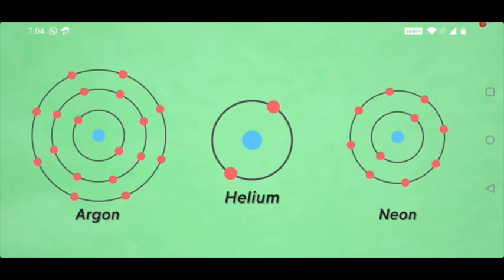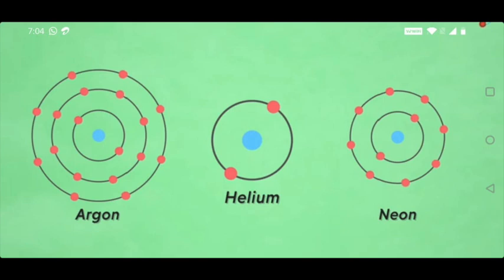It has 2 electrons only. But despite that it is stable because its outermost orbit is the first orbit. And according to the rule, the first orbit cannot have more than 2 electrons. It means helium also has the maximum number of electrons in its outermost shell. Therefore, helium is also inactive, having zero valency.